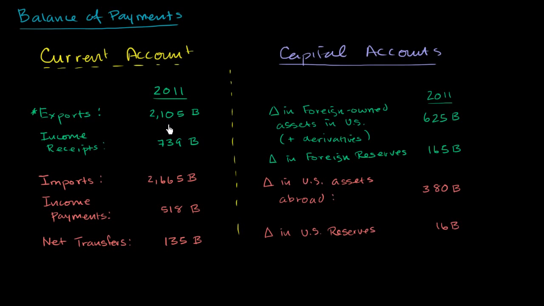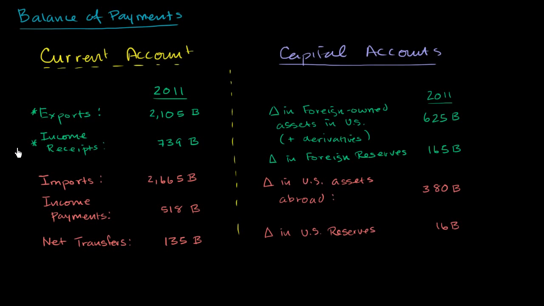This is a reason why we have more dollars after all the appropriate currency transactions take place, why more dollars have to come to the U.S., either to U.S. private citizens, to the government, or to the Federal Reserve. And for the most part, this is going to be for private citizens or corporations. And this right over here is income that Americans get from owning assets abroad in other countries.